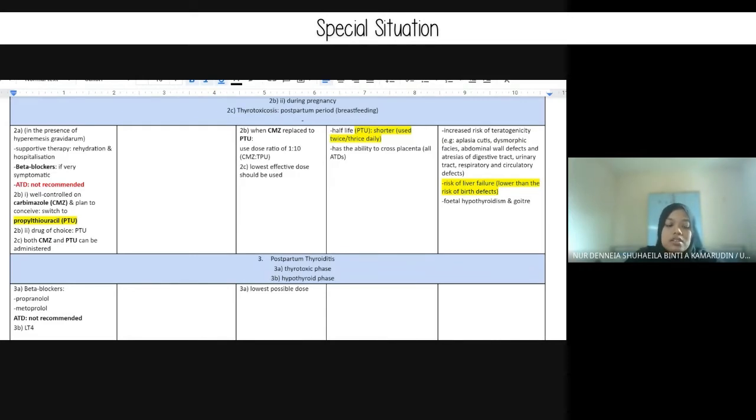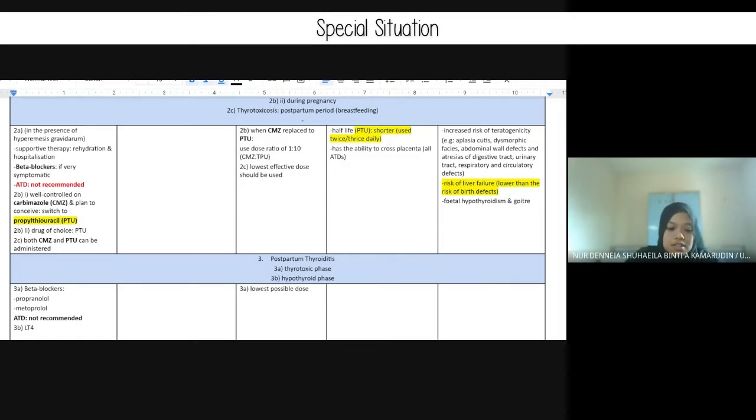The mother can also be prescribed a beta blocker if the symptoms are very prominent. In this case, it is important to note that the anti-thyroid drug or ATD is not recommended. This is because there is a possibility of increased risk of birth defects with ATD use in early pregnancy.